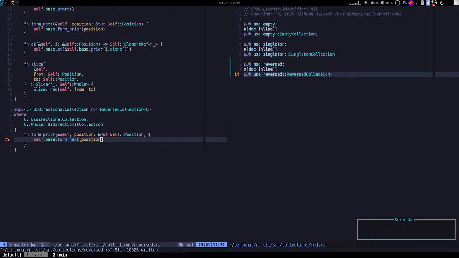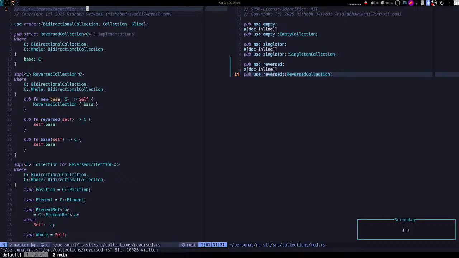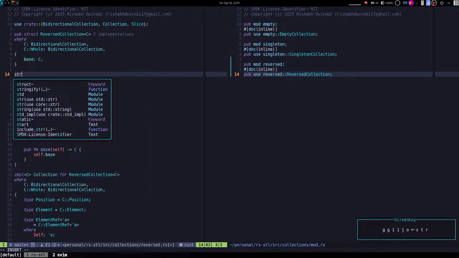I have some problems with this thing. So one thing is, do we need comparable positions or something? Right, for RandomAccessCollection, so I should think about that one. I think the comparable position thing is very important, and I just did it wrong. So what I should do is I should have something called ReversedPosition, right?